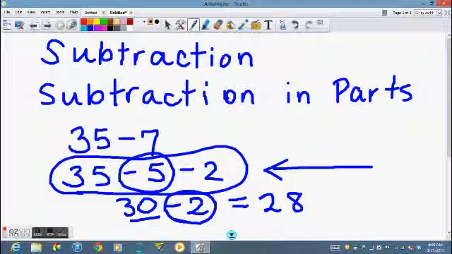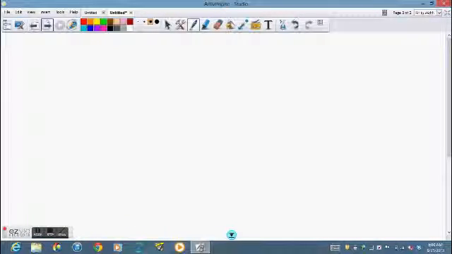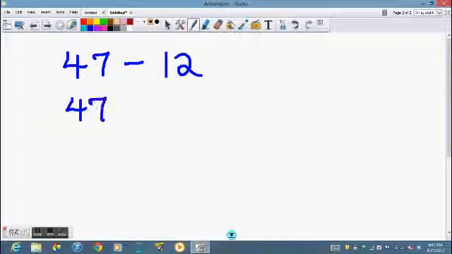Okay, so let's see if we can do another example. Let's say we were doing 47 minus 12. So if we wanted to do this in parts, we could say we have 47. Let's take away 7, because 7 is going to be an easy number to subtract from 47.